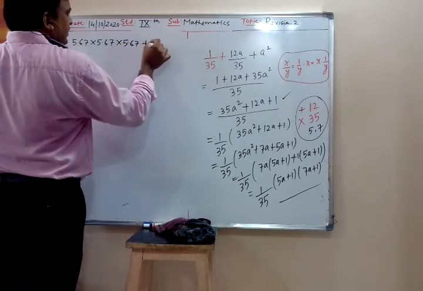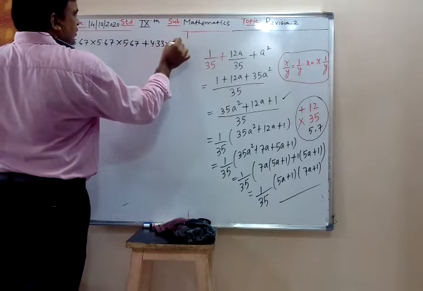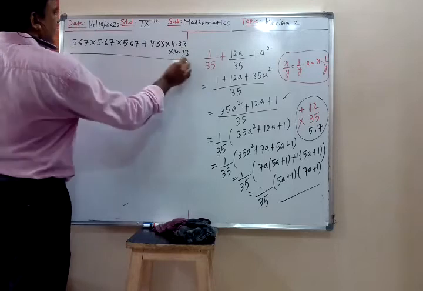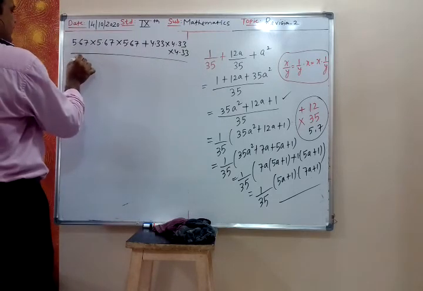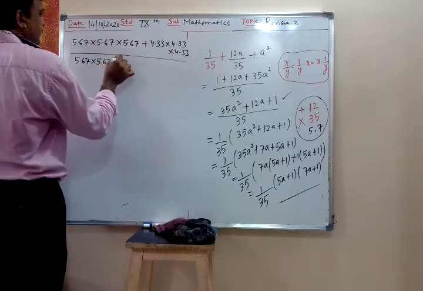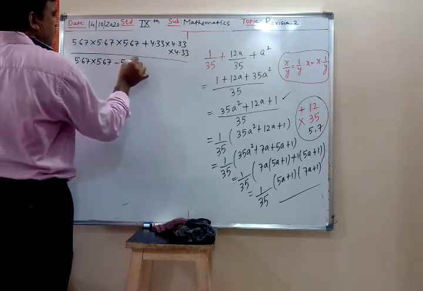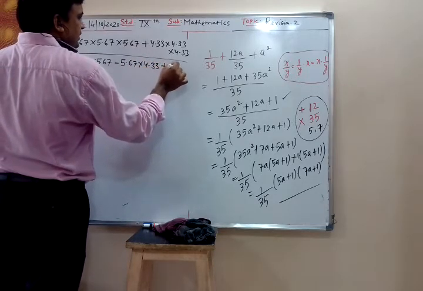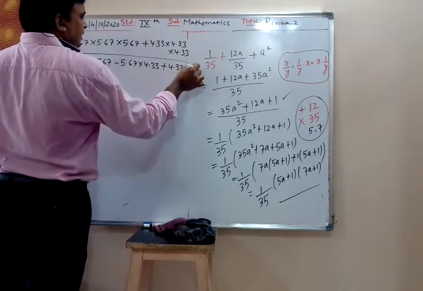5.67 into 5.67, then what you have? Plus 4.33 into 4.33 into 4.33, divided by 5.67 into 5.67 minus 5.67 into 4.33 plus 4.33 into 4.33. No, this is the question, correct?